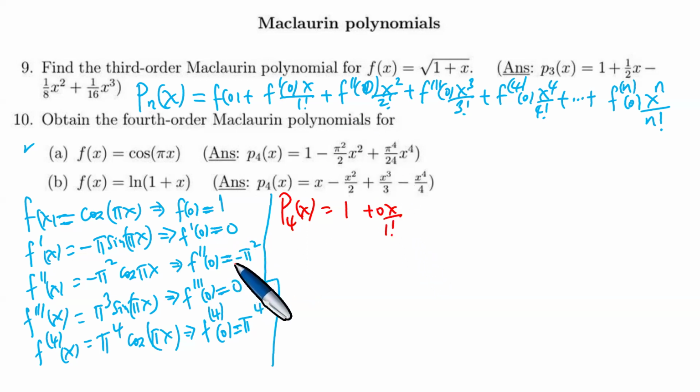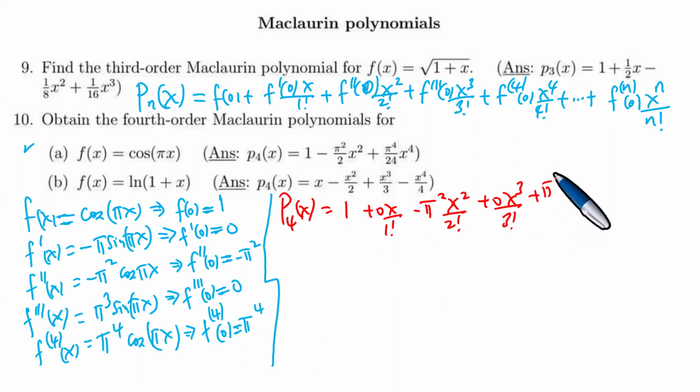The second one is minus pi squared over 2 factorial. The third one is 0. Put here 0x cubed. The fourth one is pi to the fourth power. That would be the fourth one, and then you have P4 of x.